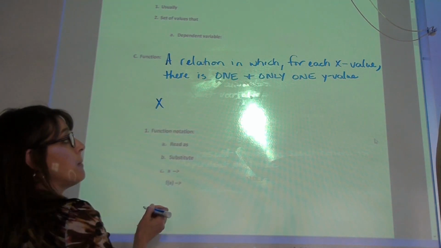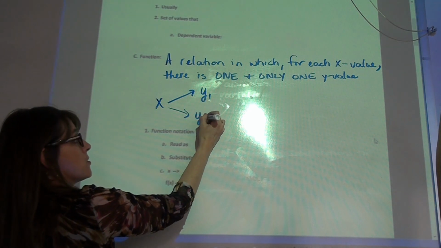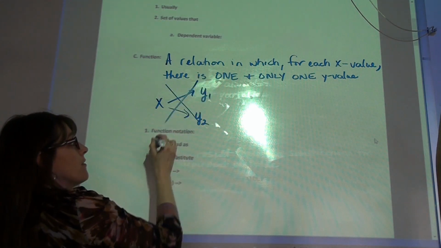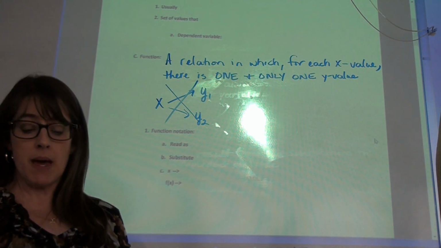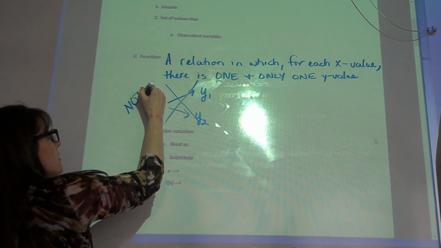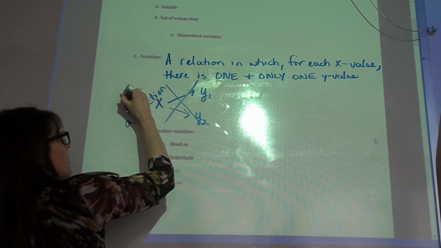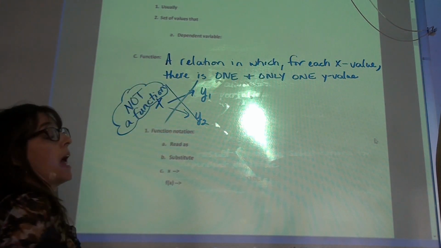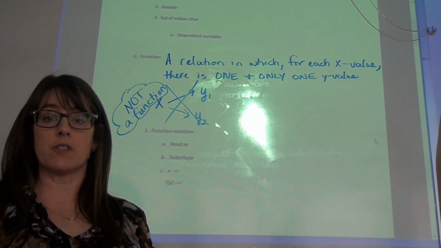If you have the same x going to two different y values, that is not a function. Burn that picture in your brain. Same x, two different y values, definitely not a function. Everything else is a function.